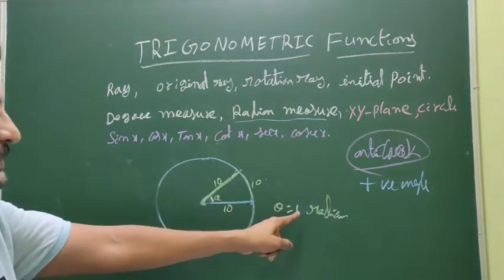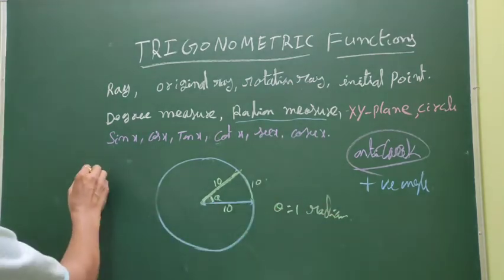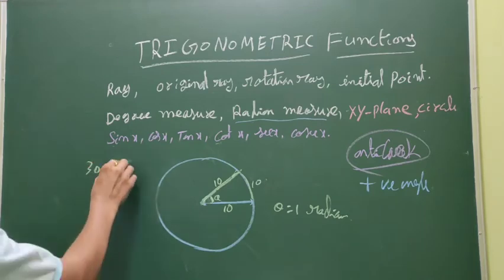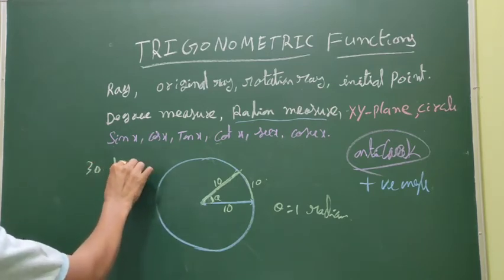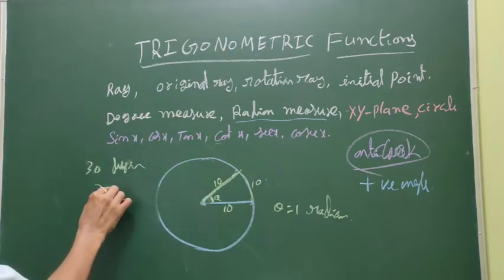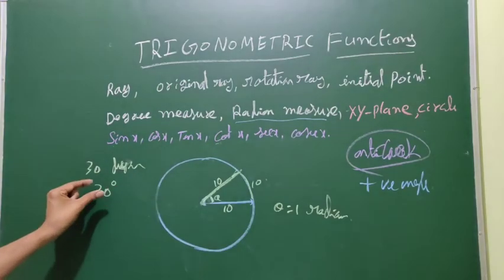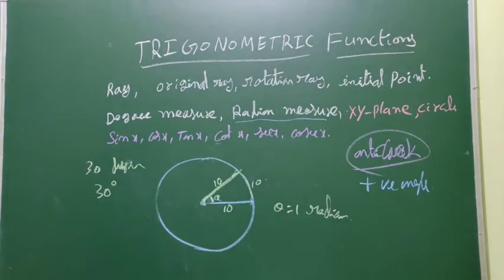How to represent the radian? Suppose 30 degrees. It is not possible to always write "degree", so this symbol, 30 with a small circle as a power, represents 30 degrees.